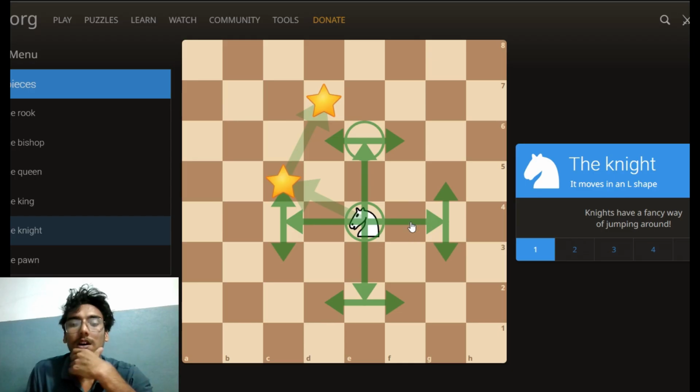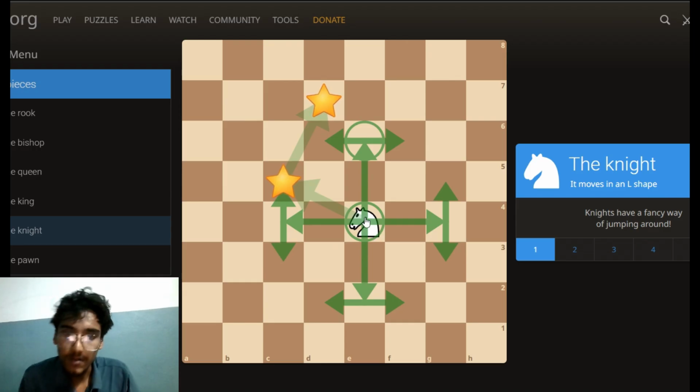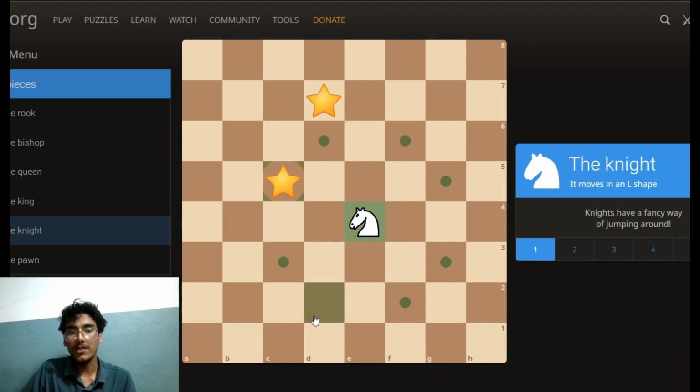It covers either two rows and one column, up or down, or two columns and one row each. So it can jump to the points here, here, here, here, in an L shape, like this.